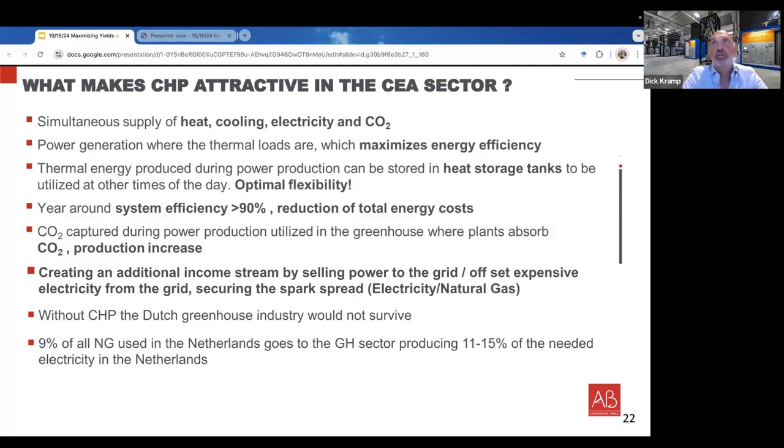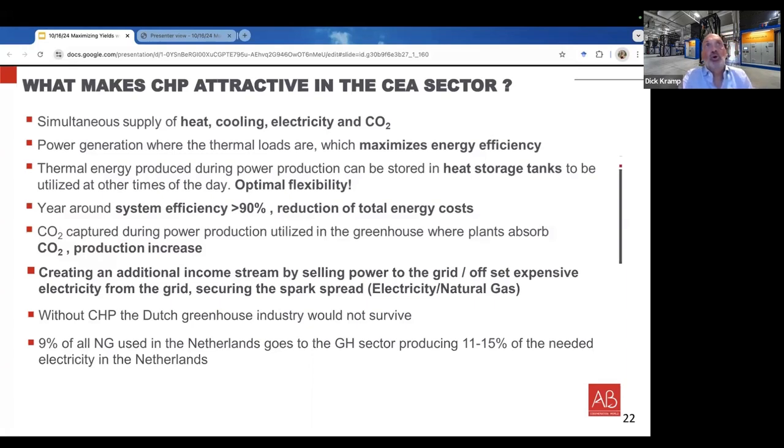The CO2 basically comes for free, because you're offsetting the boiler by producing the heat. You can use the heat in absorption chillers to make cold, and you can sell the electricity back into the grid to create an additional income stream. So the CO2 is basically a waste product that comes for free.